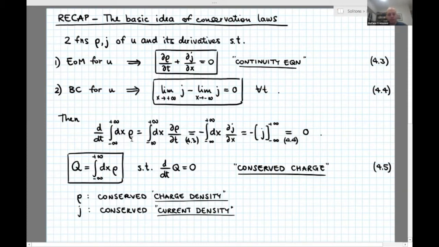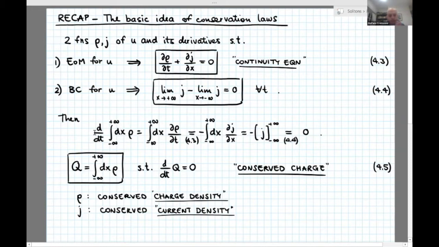Well, because then we can construct a quantity q, which we call the conserved charge, given by the integral over space of rho. And we're going to show that the time derivative of q, the conserved charge, is 0. And that's why we call the charge or the quantity q conserved.